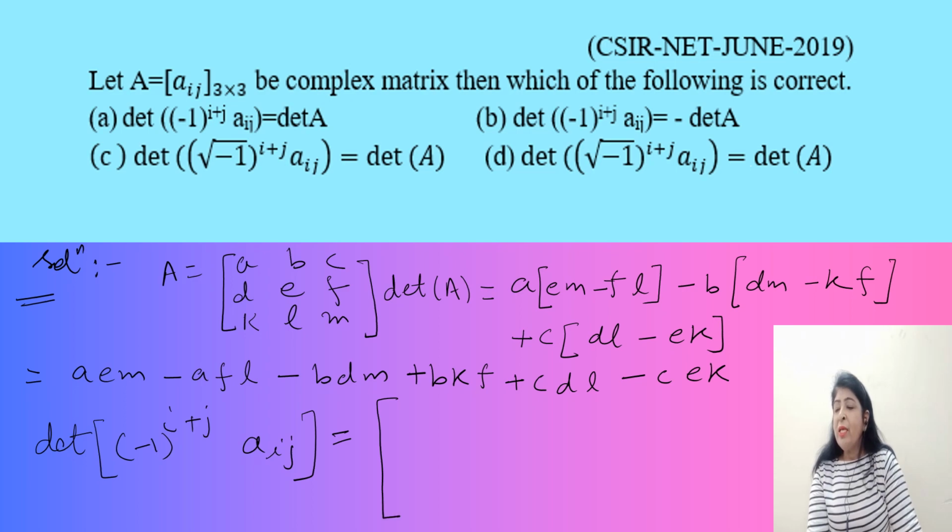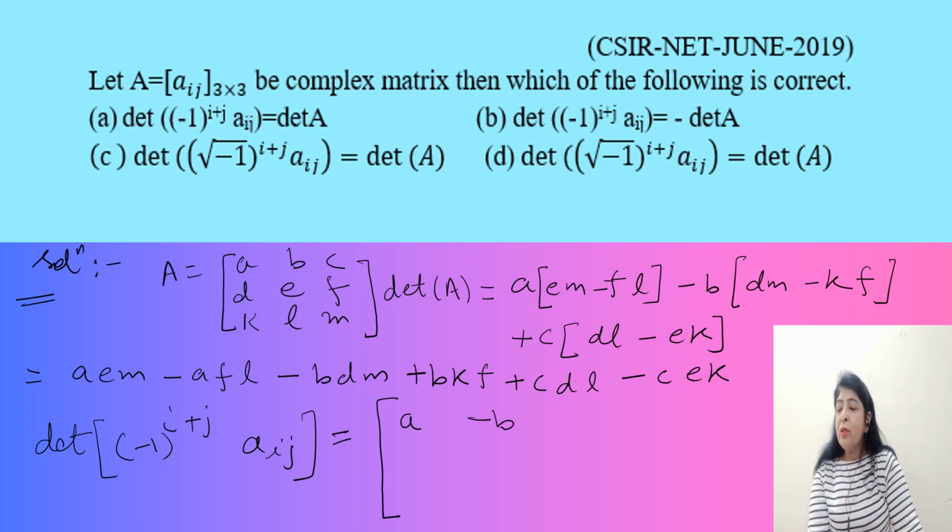Let us take i as 1, j as 1. So you will get a11: 1 plus 1 is 2, minus 1 raised to power 2 is positive, so you will get a. Then 1 plus 2 is 3, that is minus b.